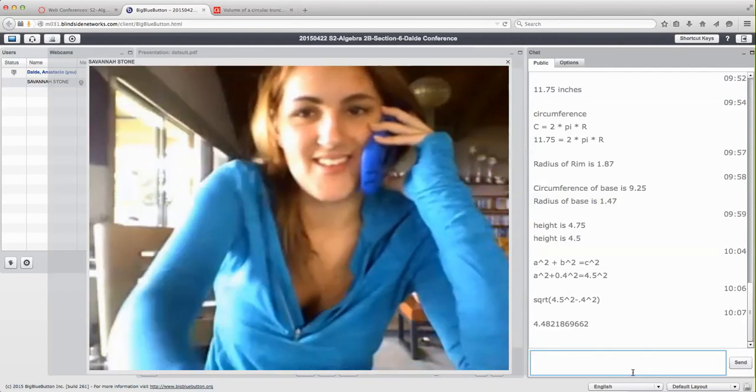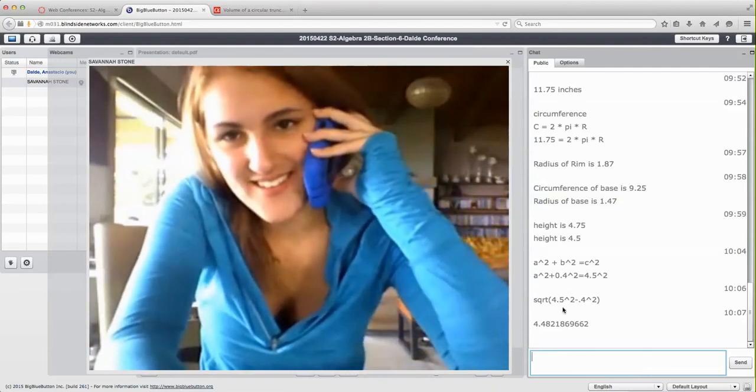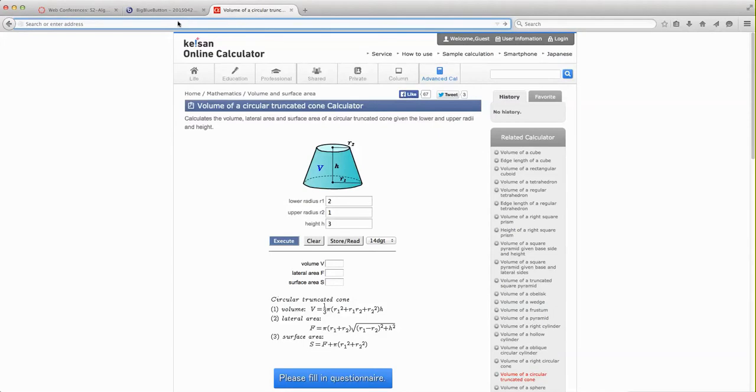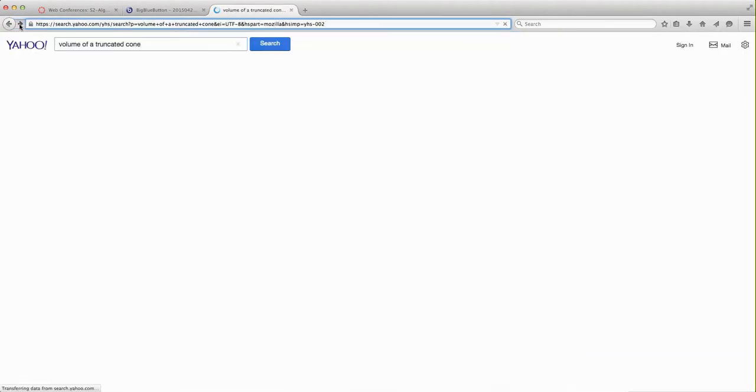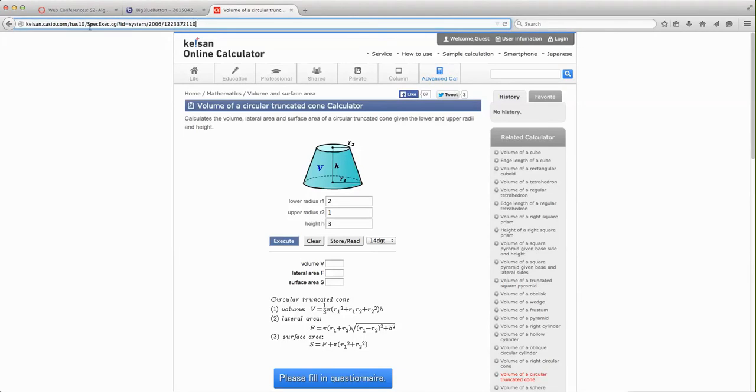It's the volume of the truncated cone. I gave you that website. That's the equation I want. Please use your mad calculator skills and tell me what your answers are.